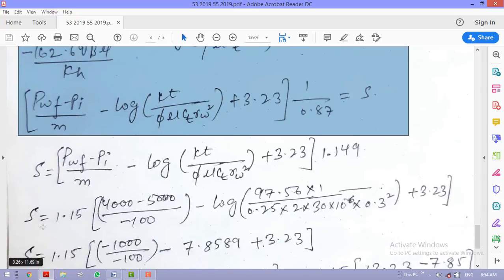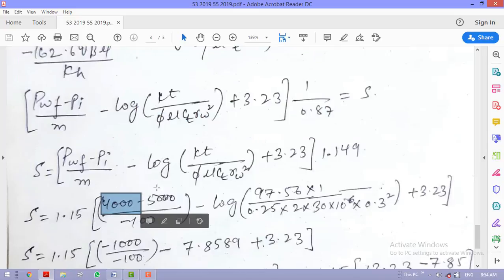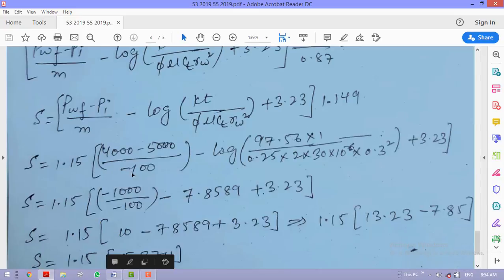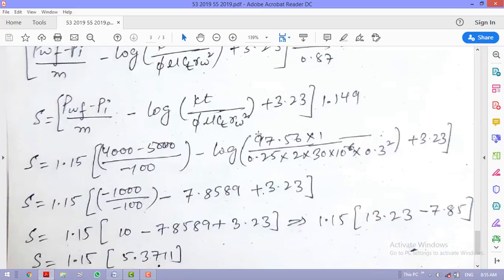Finally I substituted the values: PWF after 1 hour is 4,000, Pi is 5,000, and M is minus 100. Then minus log of 97.56, the permeability we determined.